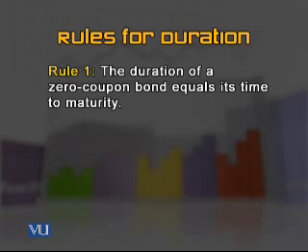This has been repeated several times by me, and you must understand it. Do not confuse rule number 1: the duration of a zero coupon bond equals its time to maturity. The maturity and duration are the same in a zero coupon bond. That's rule number 1 that you must understand.